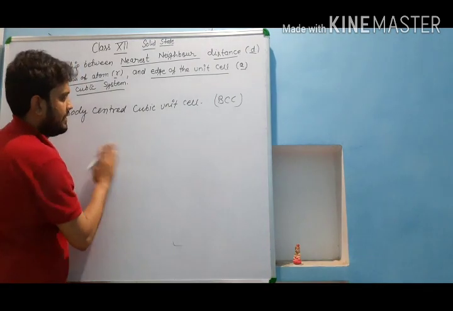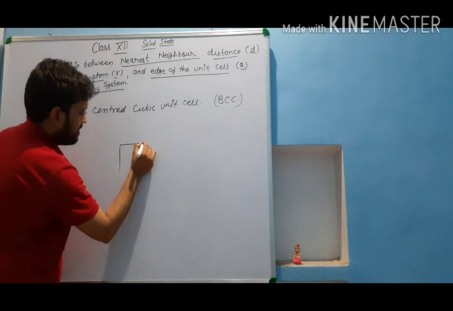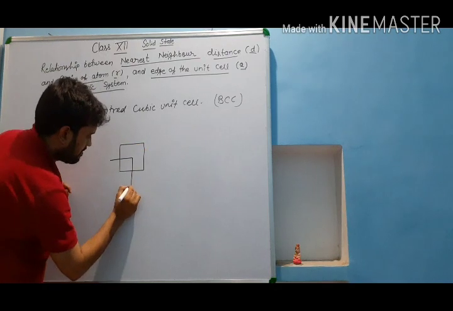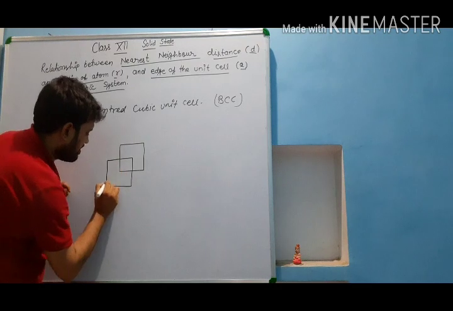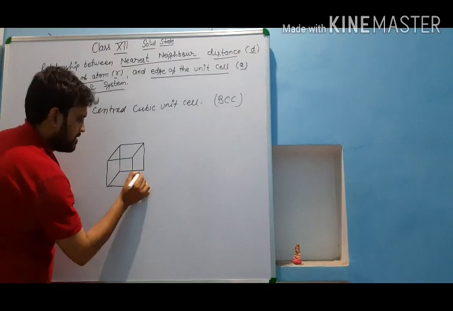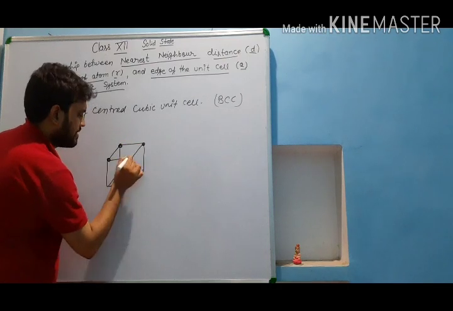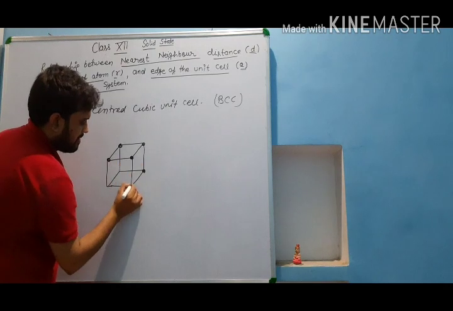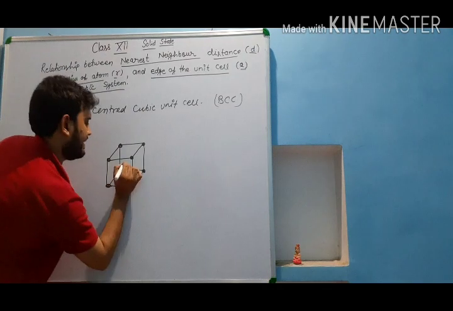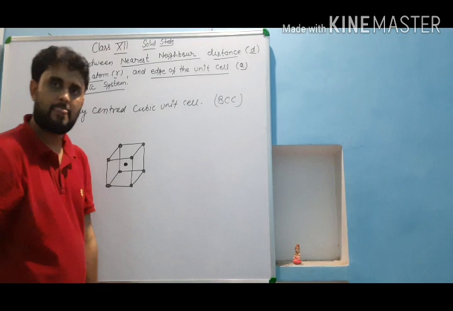Now we draw a body-centered cubic unit cell in which the constituent particles are present at all 8 corners as well as the center of the body of the unit cell.